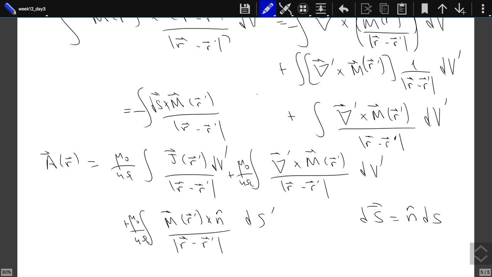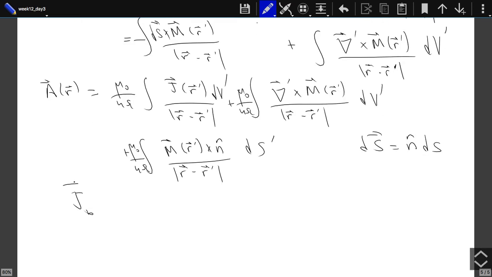So you see the effect of magnetization. These are these two terms. And they just look like this term. You have a current density divided by the distance from the observation point, summed over all the points that you have. One is a volume current density.